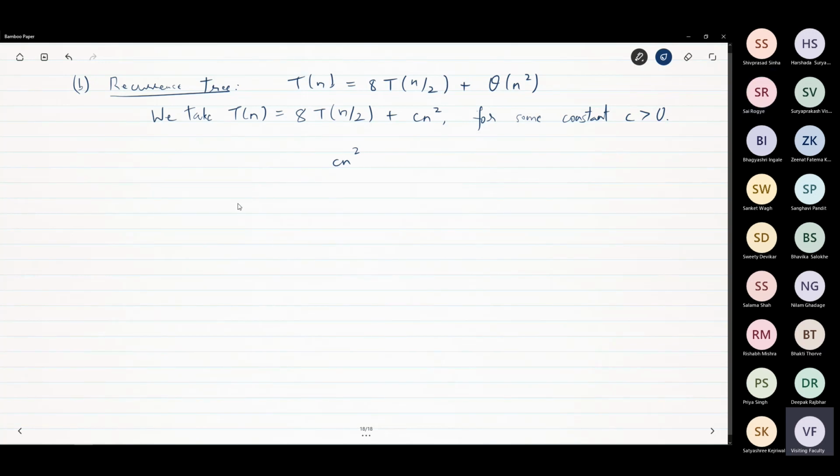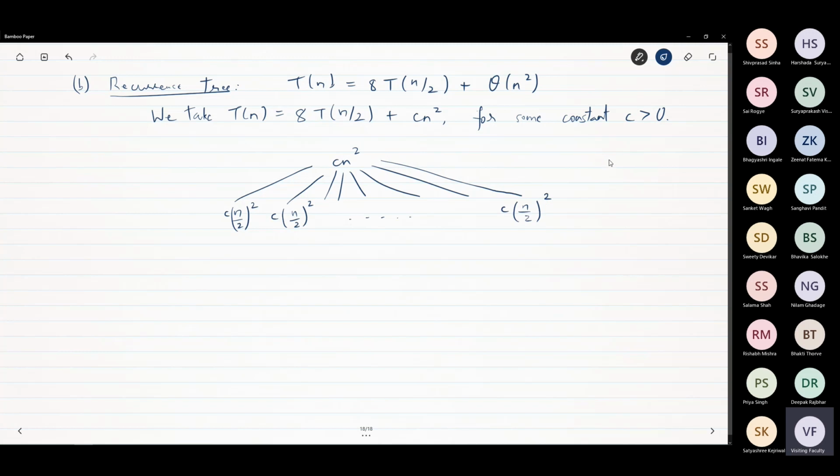You're right. Okay. Then what will you have here? c times n by 2 square. c times n by 2 square, 8 times, right?